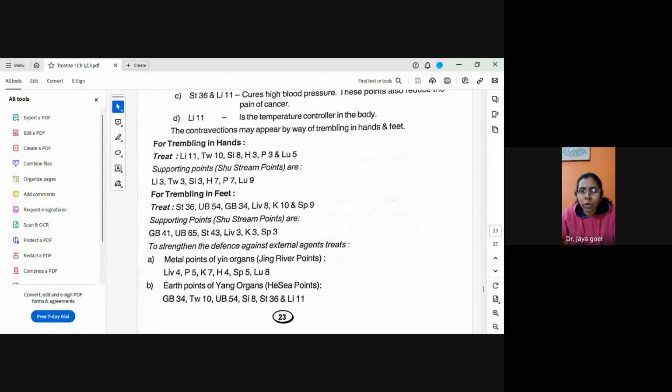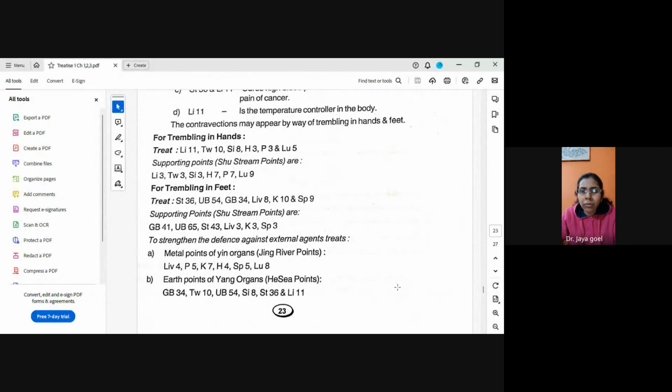For supporting, again the Shu Stream points are there: GB41, UB65, ST43, Liver 3, K3, SP3.